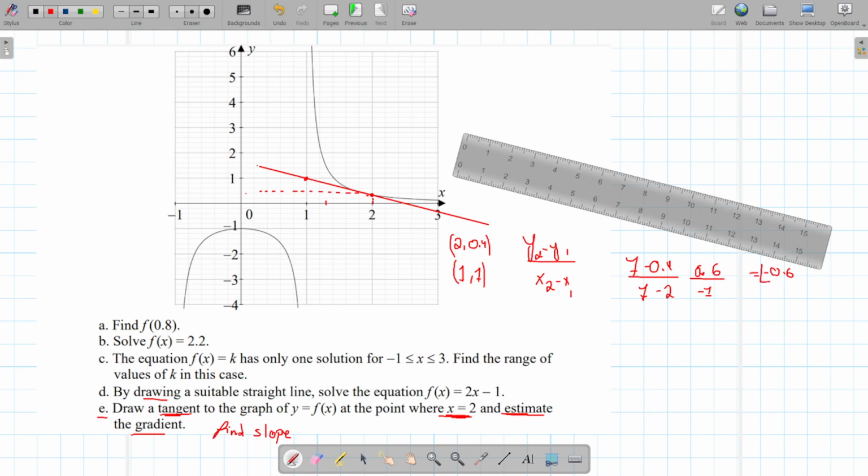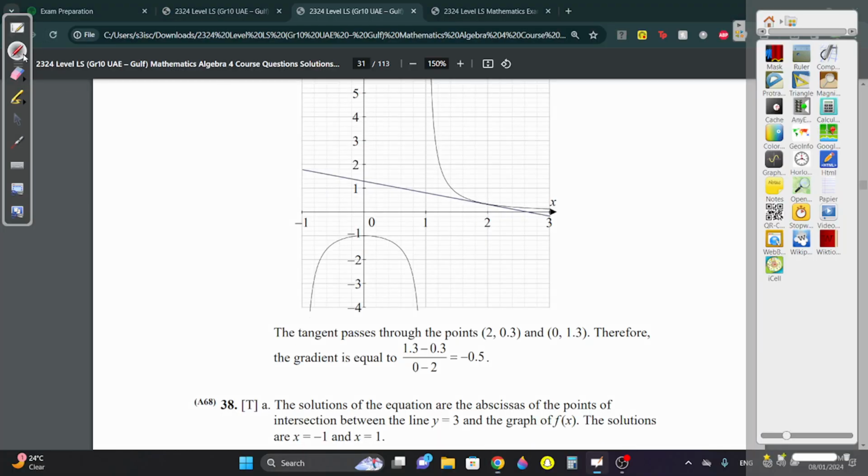You can't get an exact answer for this, but the way they correct it is the person correcting looks at your graph and sees if you did the steps correctly. If you did the steps correctly and got close to correct numbers, then you get the full mark. Here they got negative 0.5, which isn't wrong.